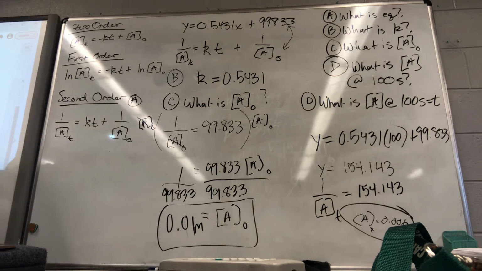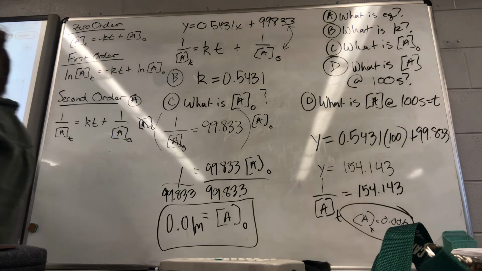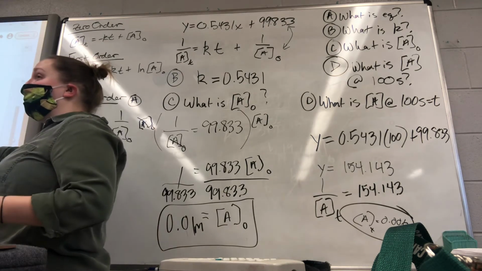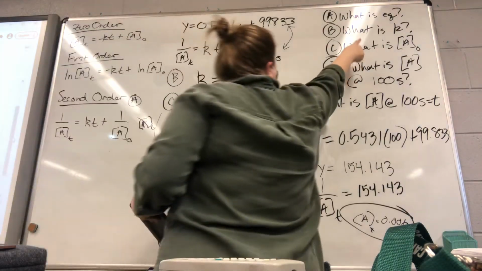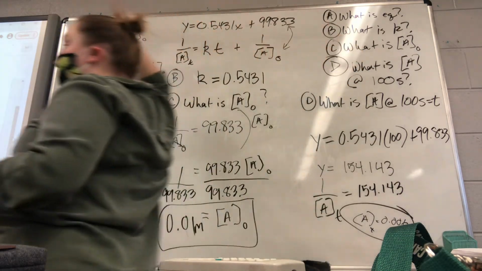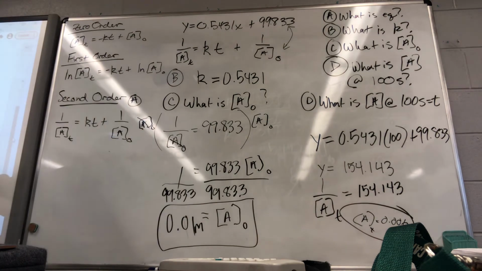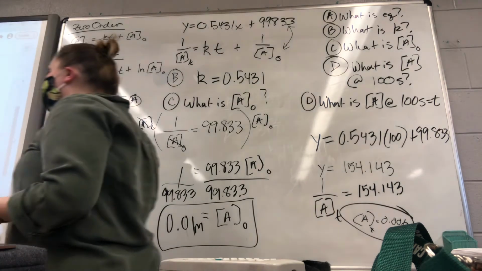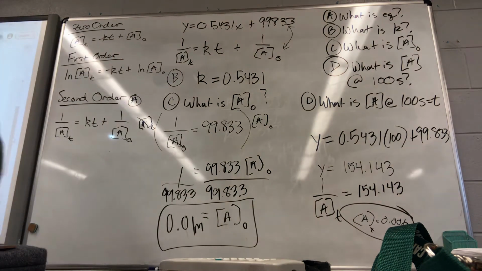The first 3 was to get the graph, get the line, figure out if it's first, second, or 0 order. Number 4 says to determine the rate constant for the decomposition using the line's equation. So that means determine K using your graphed equation. The next is to predict the concentration after double the latest time point given. So whatever your last time point is on the data set.